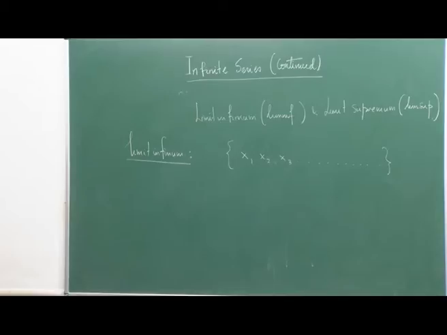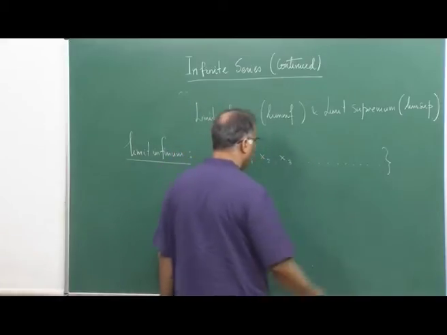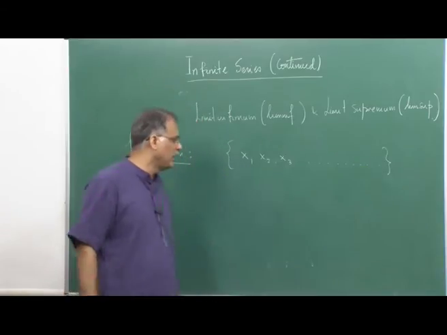It is bounded below, so the infimum exists. What I do first is find the infimum over the whole sequence and I call that alpha 1.